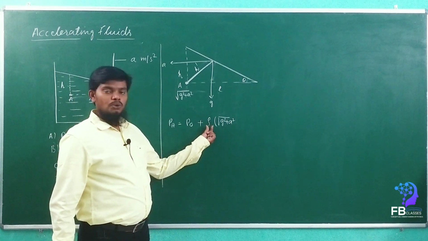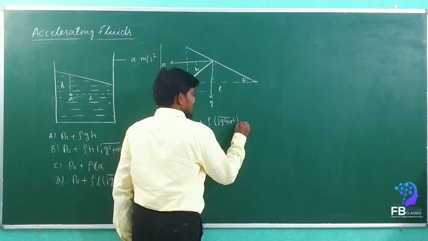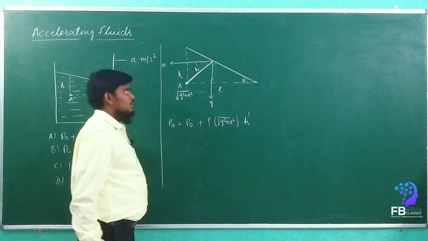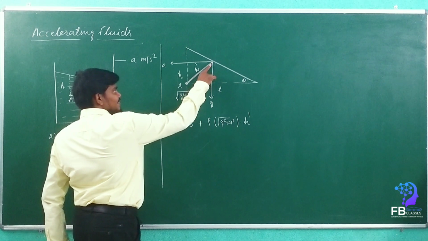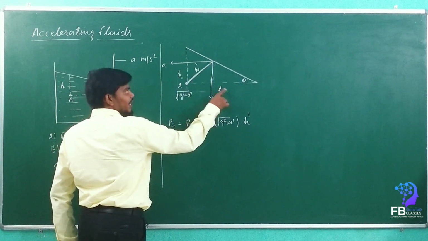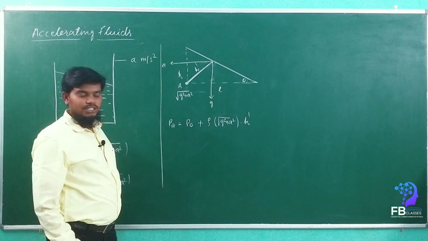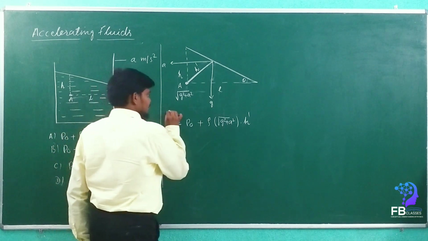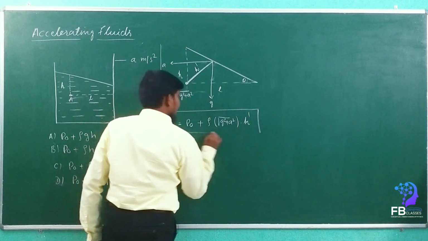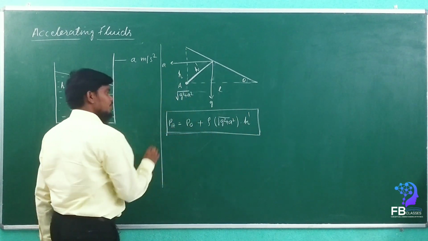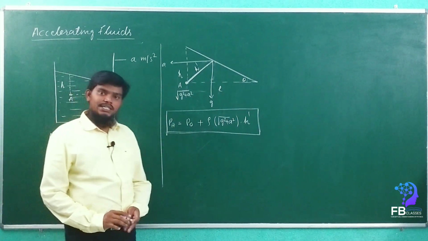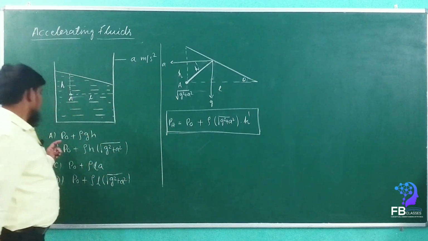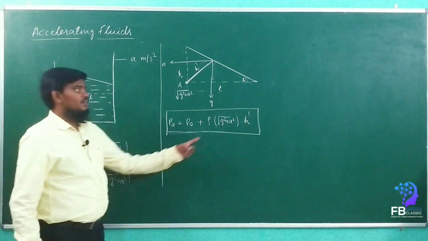So rho root of g square plus a square into h dash. The length is not h or L, this is the effective length h dash. So this is the actual equation that we write from conceptual understanding. Got it?